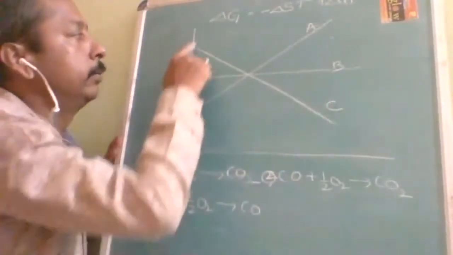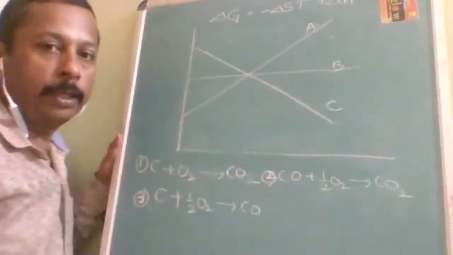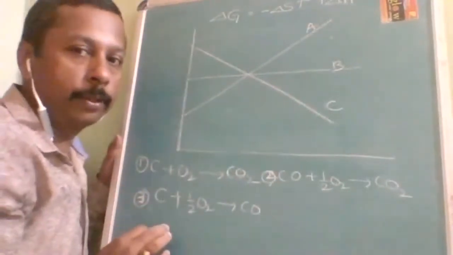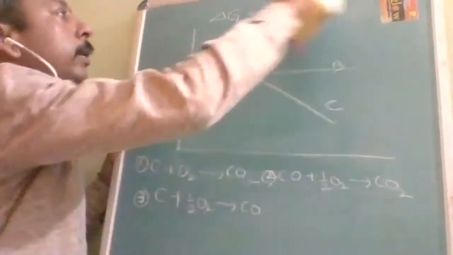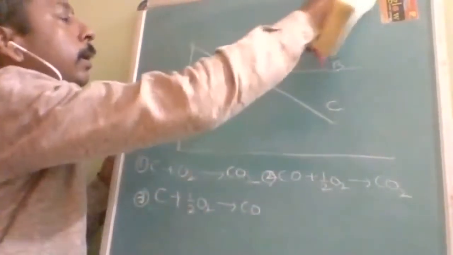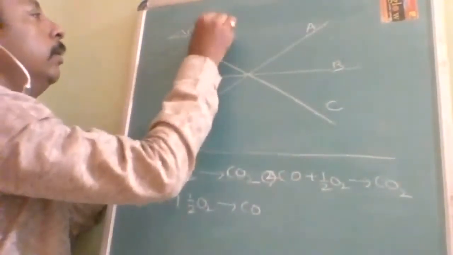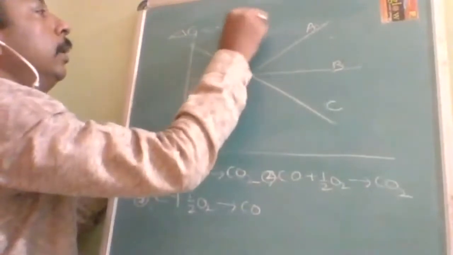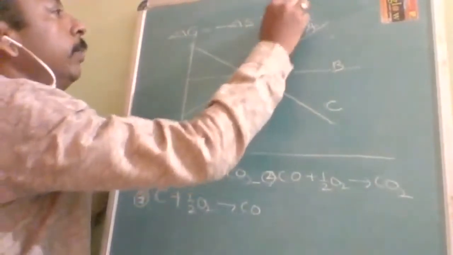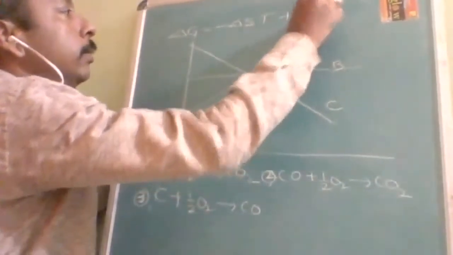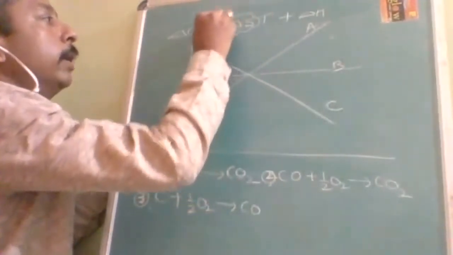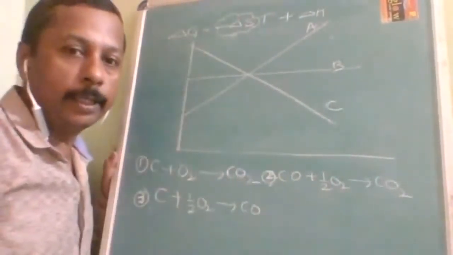So this is minus only, but less minus, more minus, that is immaterial. So I will write the line like this. Delta G is equal to minus delta S into T plus delta H. Now this is the deciding factor.